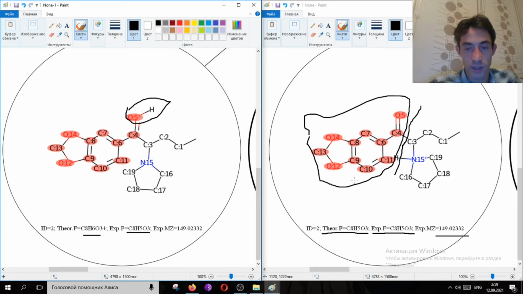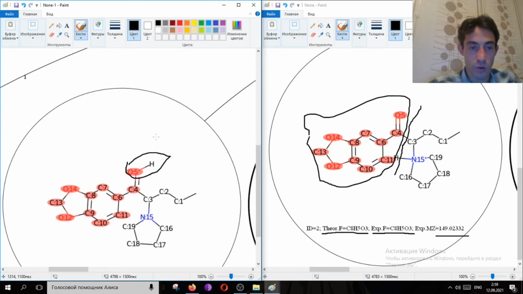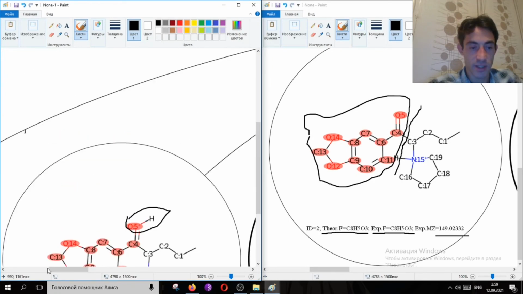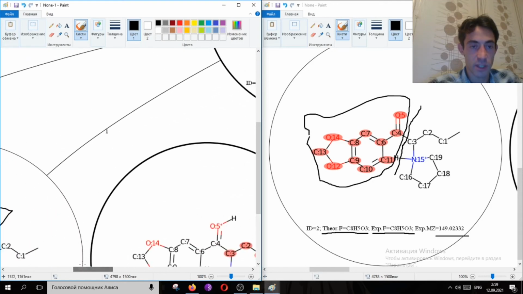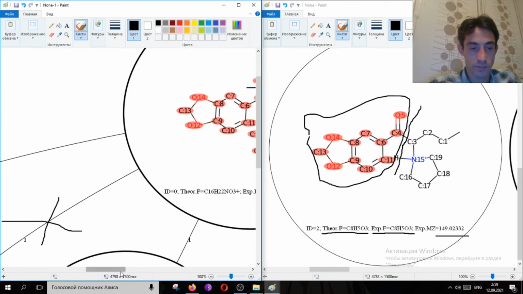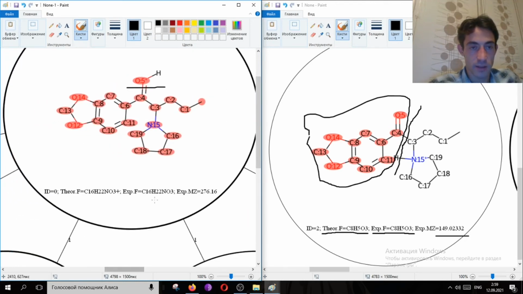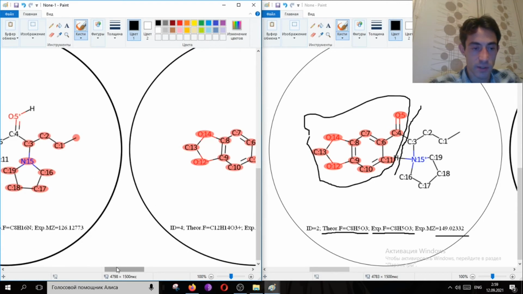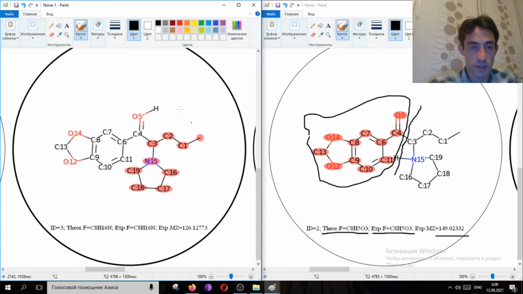So we can say that if oxygen is protonated, then this fragmentation pathway is wrong. And if oxygen is protonated, then, for example, for this fragment, theoretical and experimental formulas are the same.